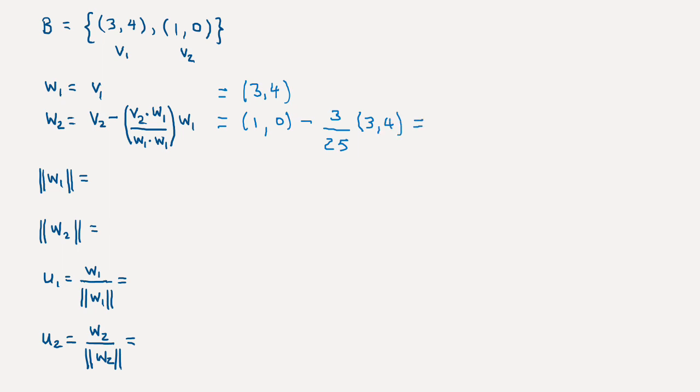So then let's calculate that difference. So we're going to have 1 minus 9/25, so that will give us 16 over 25, and then we're going to have 0 minus 12/25. So we'll have minus 12 over 25.